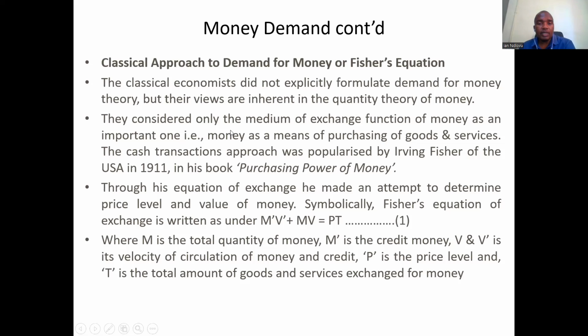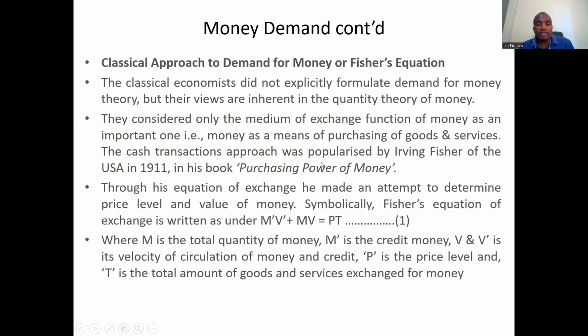They considered money only as a medium of exchange. That's the function which was emphasized by classicalists, and is still being emphasized even up to this day by the monetarists. Other functions were sort of downplayed.